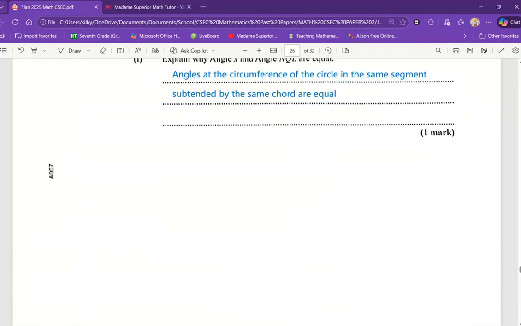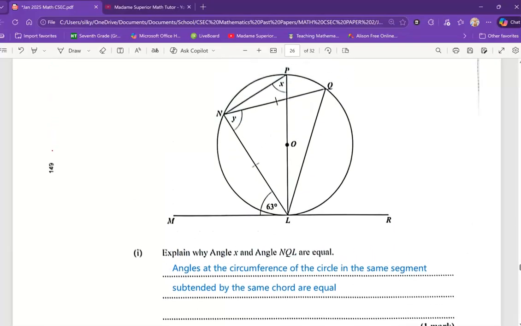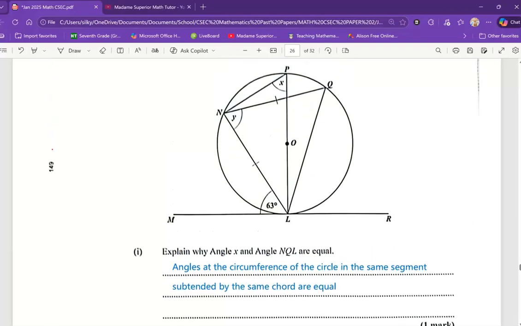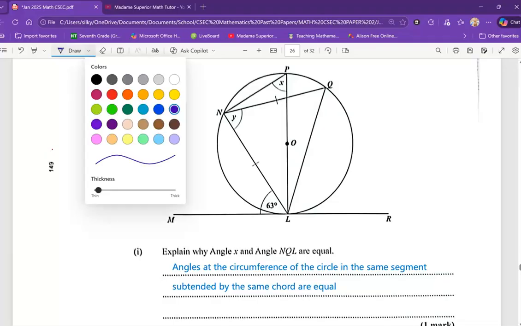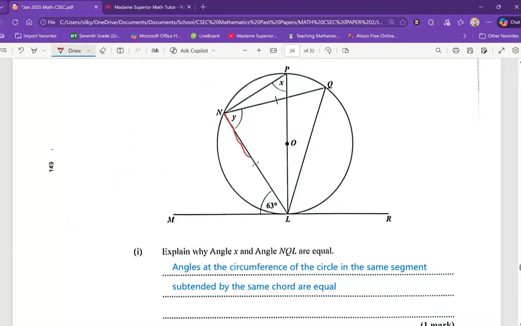So let's just go back up to the diagram and see if we could find the value of angle X. Looking at the diagram, the only angle we're given is the 63 degrees at L. This angle at L is formed by this chord LN and this tangent ML.